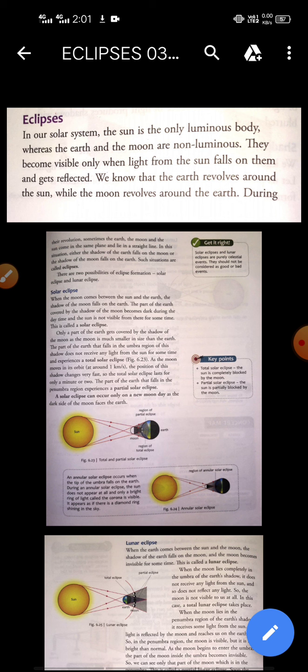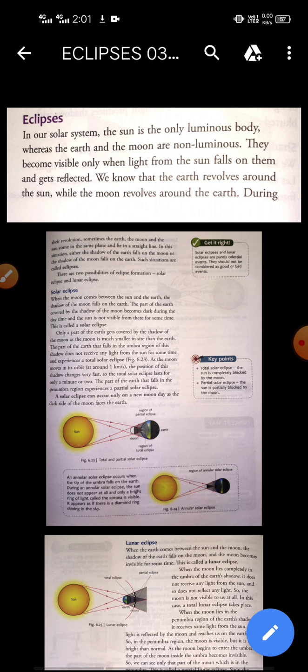We already know that the earth always revolves around the sun and the moon always revolves around the earth. During this revolution, sometimes the earth, the moon and the sun come in the same plane or lie in a straight line.